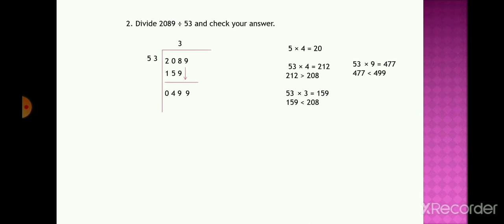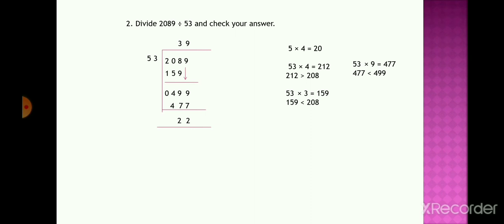So we have to check what 53 nines are. 53 nines are 477. 477 is less than 499. So write quotient as 9 and 477 below 499. Subtract, the difference is 22.